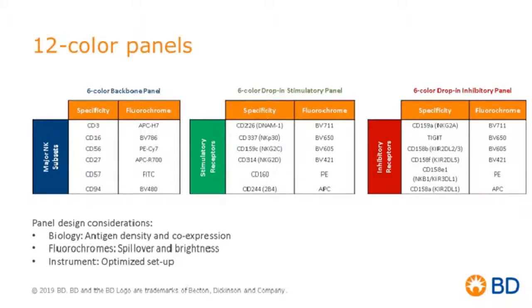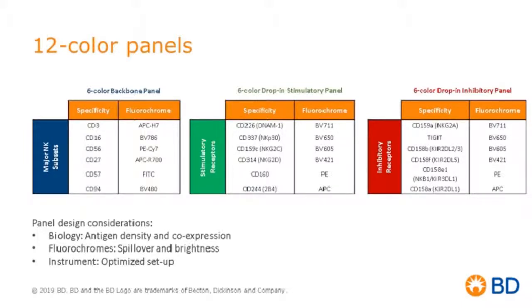I would just highlight that the major consideration that we took into account for this panel design was first and foremost the biology. It's important when designing a panel that we are aware of the antigen density of our markers and the co-expression levels between different populations, so that we can allocate fluorochromes based on their spillover and their brightness accordingly.